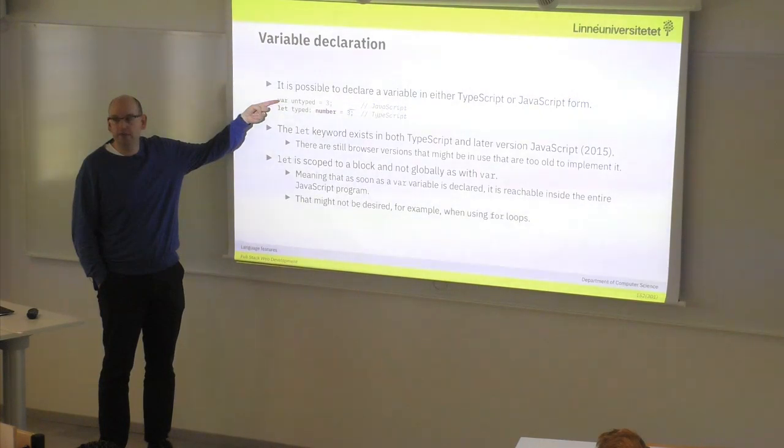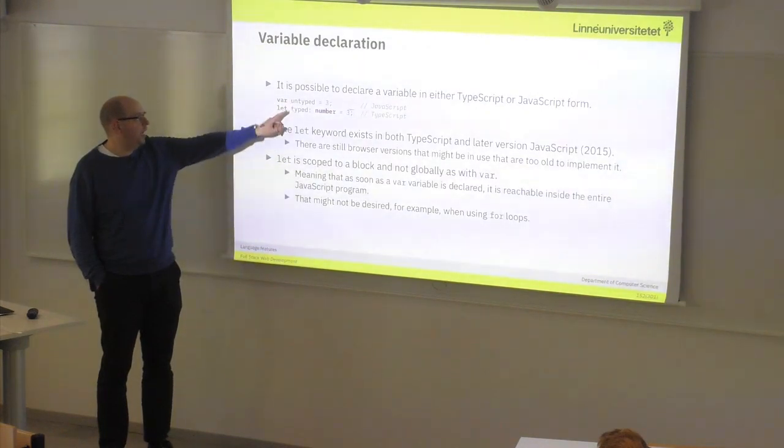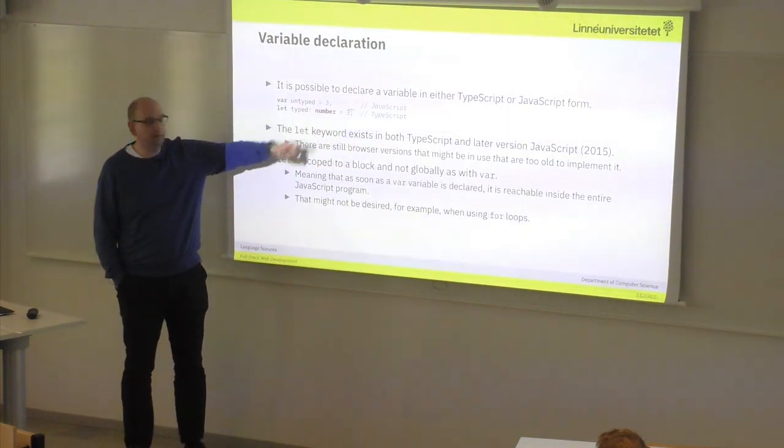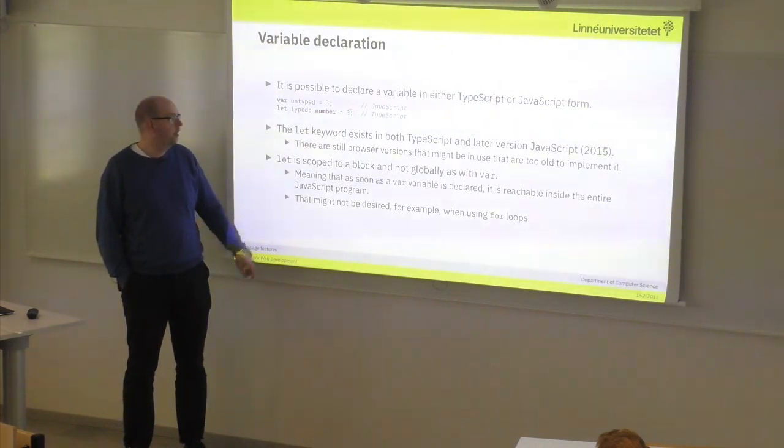Basically, it's globally available. Whereas let will make it scoped, as we would expect from Java, for example. And we can define a type, colon number, so we put it the other way around, which is kind of cool.